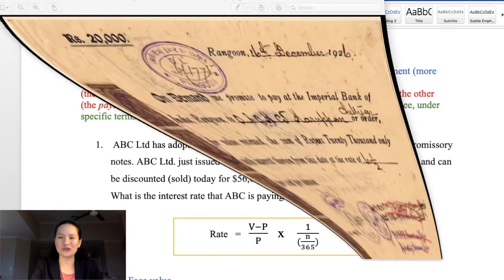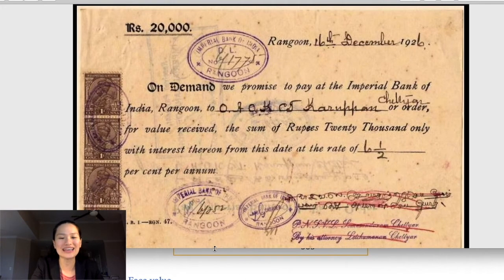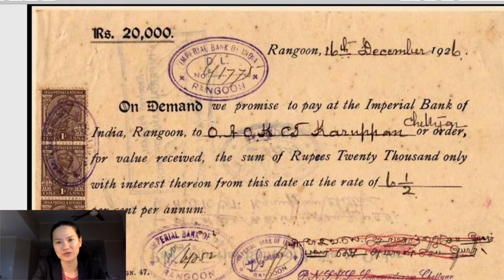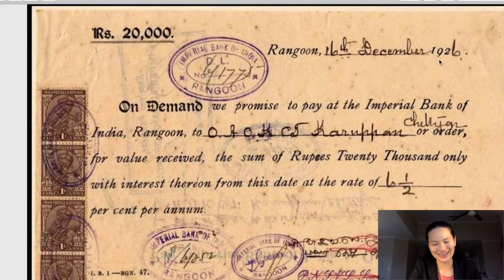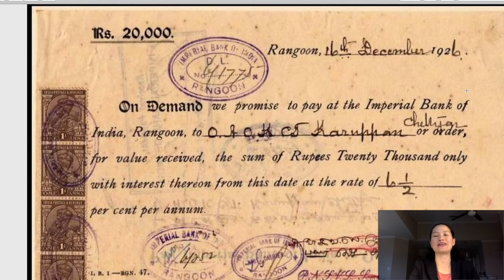Okay, how about I show you this picture? And I'm going to explain in a really simple way for you. This could be some kind of promissory note. Wow, that one is from 1926. Another card looks like this. I tell you very simply.